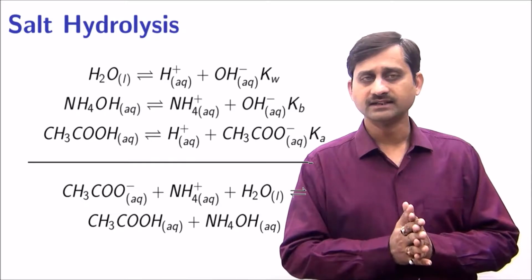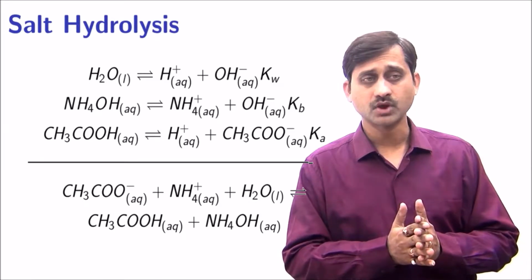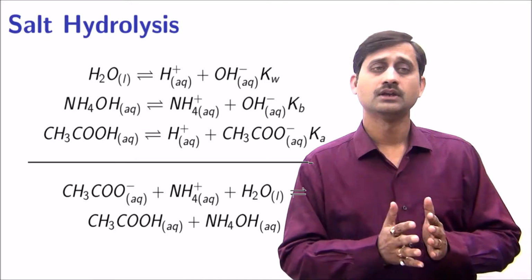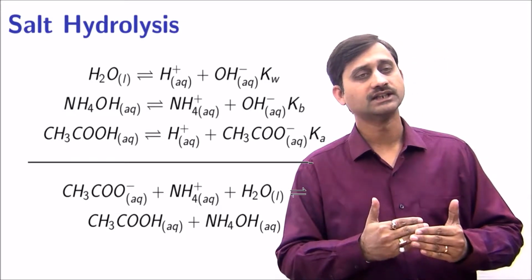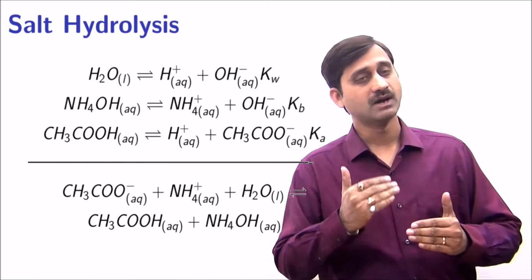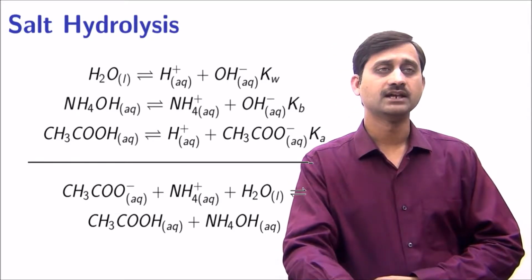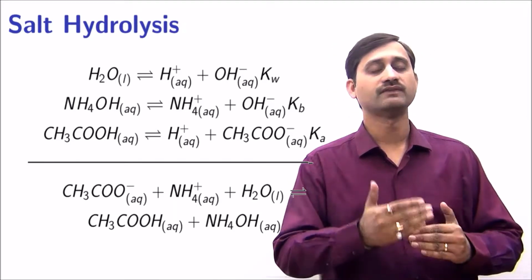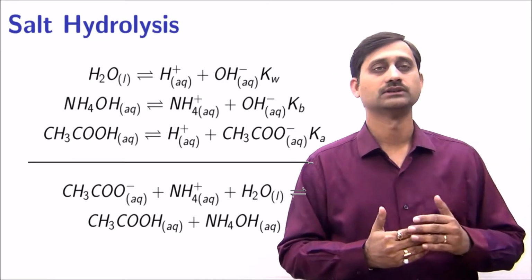If the 2 equations are added, the equilibrium constant of the resultant equation is the product of the equilibrium constant of the 2 equations. If one is subtracted from the other, the equilibrium constant of the resultant equation is the equilibrium constant of the one divided by that of the other. The hydrolysis equation is obtained by subtracting the dissociation of acetic acid and ammonium hydroxide from dissociation of water.